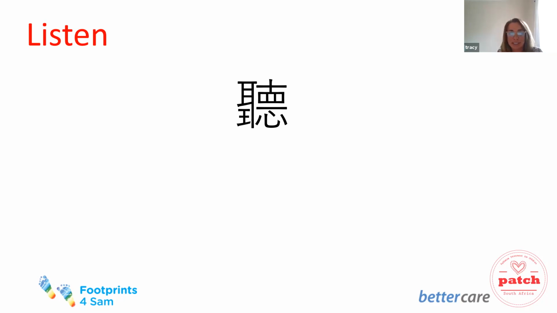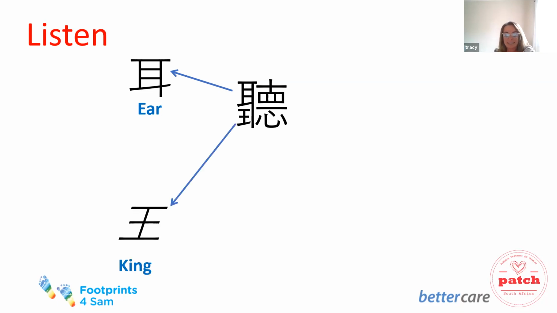I'm just going to get it up here to just see the different areas that we talk about. So the first area there that I'm pointing to is the ear. And what is an ear for? Why do we use an ear? It is to listen. The second part of the symbol is the king.